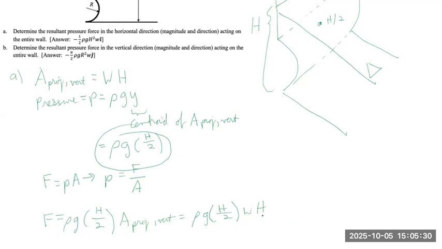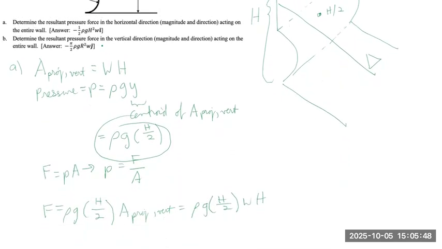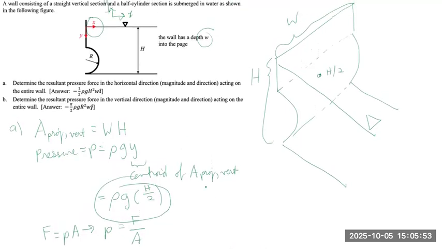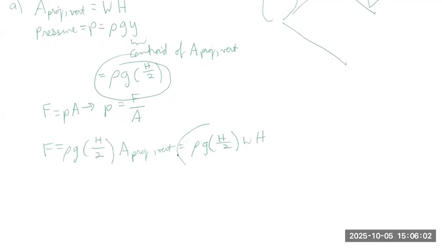However, as a force, and since we're defining positive as x to the right and y upwards, and the resultant pressure force from the water is actually pointing to the left against the wall, we are going to reverse the sign of this force.